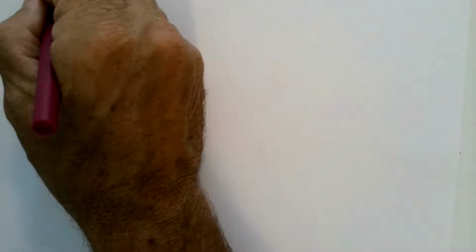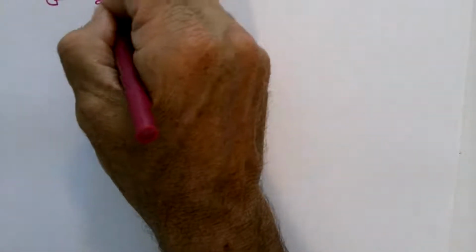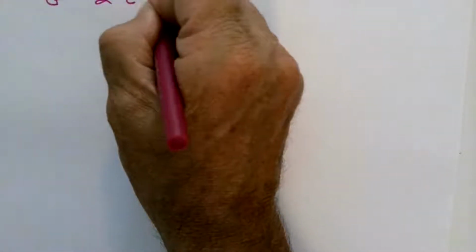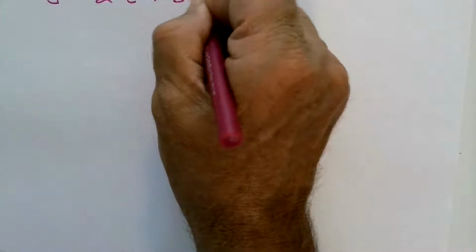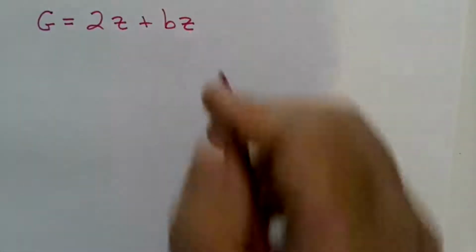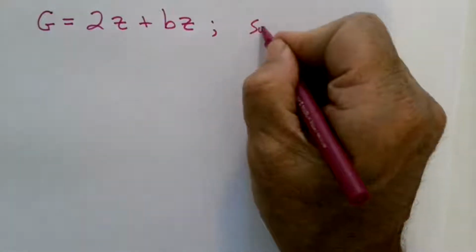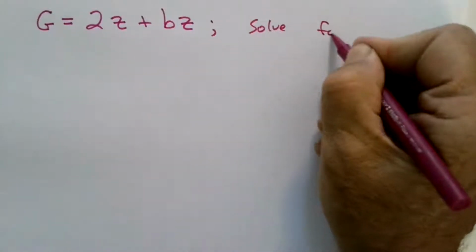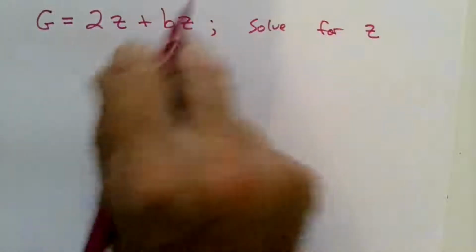If I have a situation like this, G equals 2Z plus BZ, and our goal is to solve for Z. I have Z in two places.